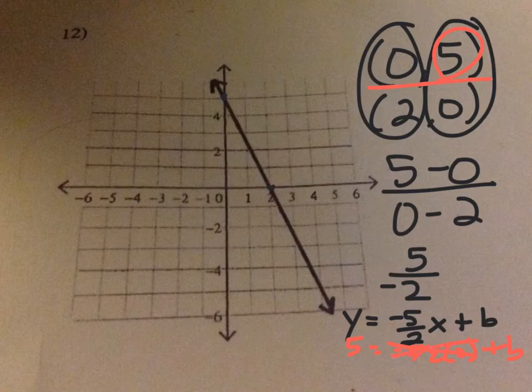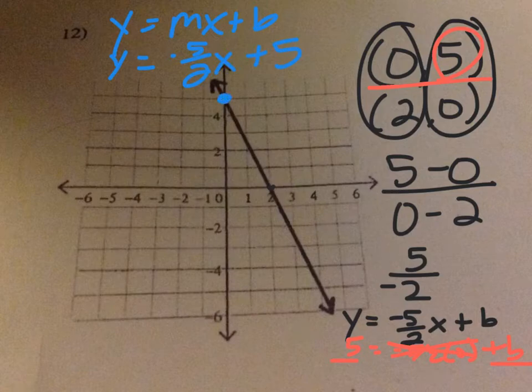Negative 5 halves times 0 is 0, so my b value, or my y-intercept, is 5. So the final step is to plug those two into the y equals mx plus b slope-intercept form, which would be y equals negative 5 halves x plus 5.